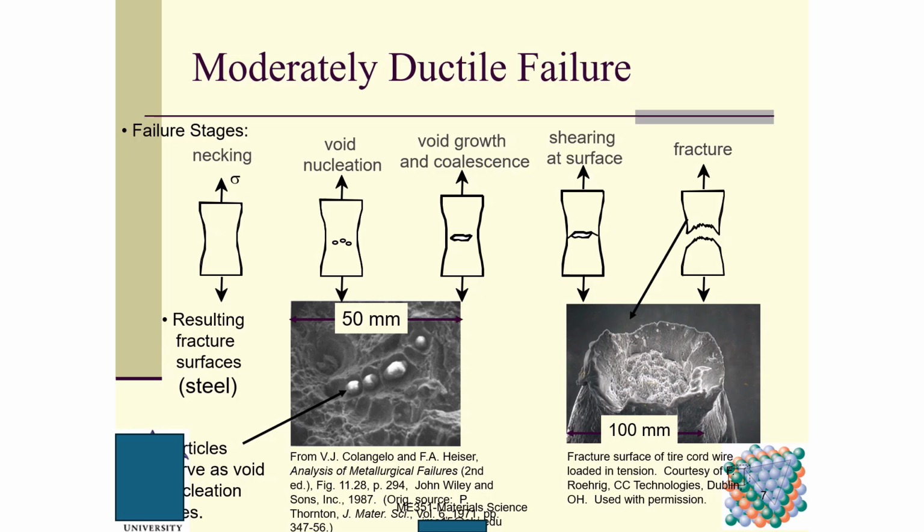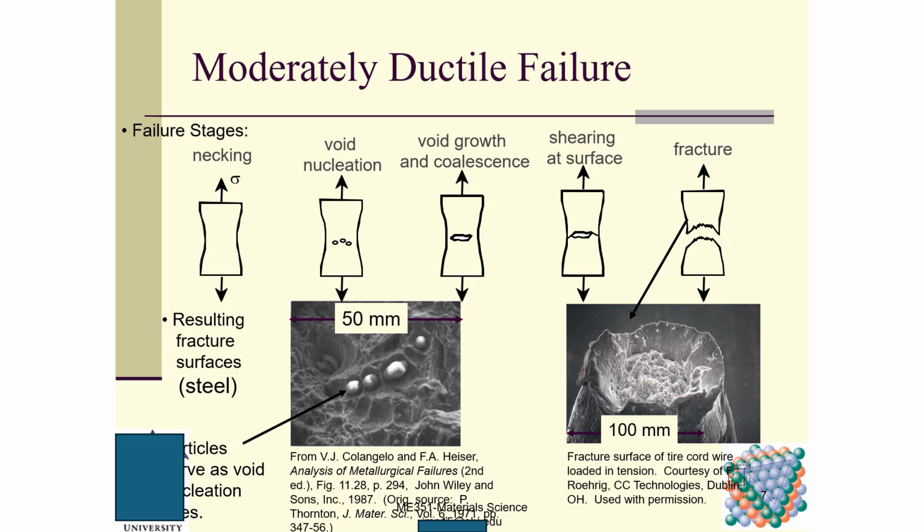In this lab, for the tensile testing, we have three materials. One is steel, one is aluminum alloy, and the third one is cast iron. Aluminum alloy and steel are ductile materials, but cast iron is a brittle material.